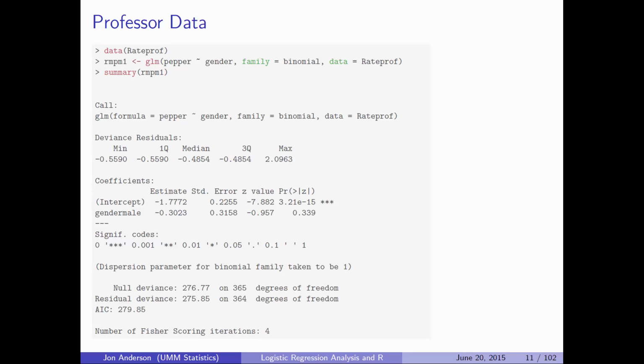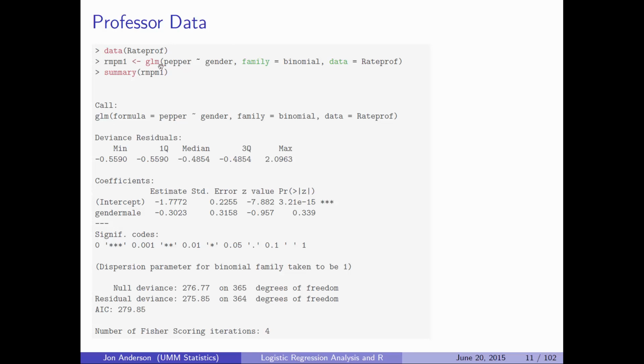Pepper no means they weren't considered attractive by that student. And so that's the event variable y, and the predictor variable x is the gender of the faculty member, which could be either male or female. In this case, x equals 1 signifies a male faculty member, x equals 0 signifies a female faculty member.